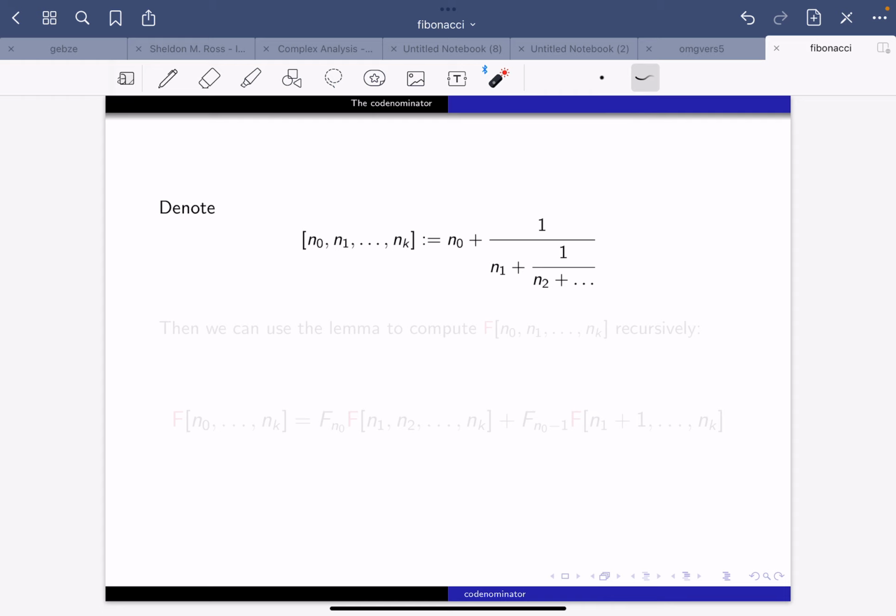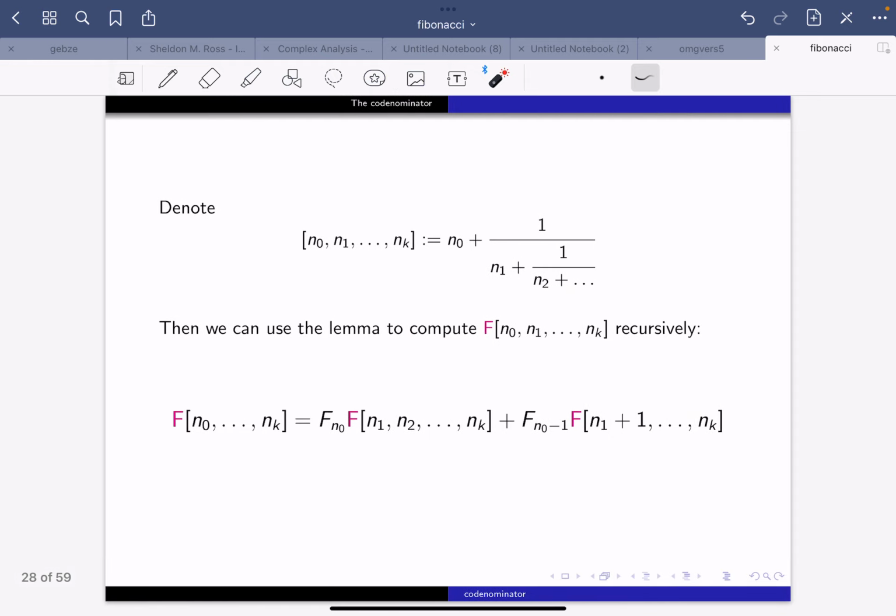Let us denote this continued fraction by this form. Then we can use the lemma to compute the codenominator of this rational number recursively. It's a simple application of the lemma.